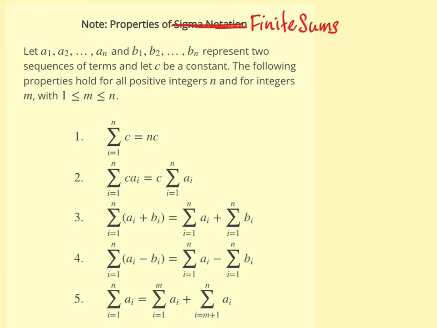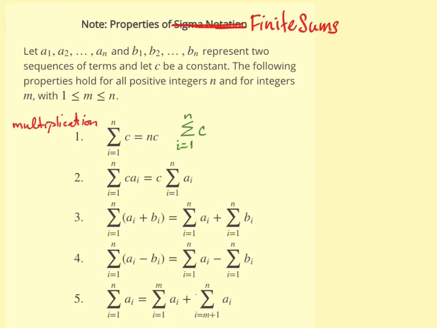So the first one, property 1, this is just multiplication. Multiplication, remember, is repeated addition. So let's look at what it says. Let's look at the left side. The left side says the sum as i goes from 1 to n of the number c. So the number c doesn't have an i in it, so that means that the terms don't change.